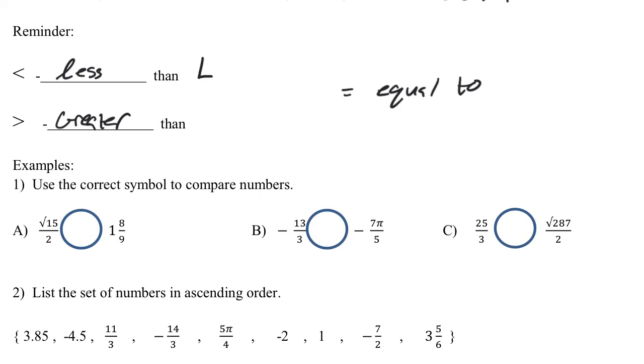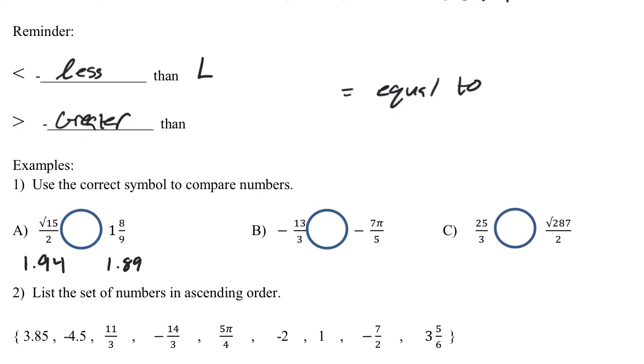So what we're going to do is grab our decimal form. What is the square root of 15 divided by 2? We're going to round to the nearest hundredths. 1.94. And what is 1 and 8 ninths? Grab that as a decimal form, and that's about 1.89.